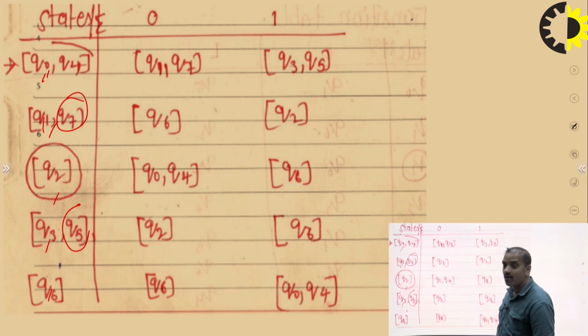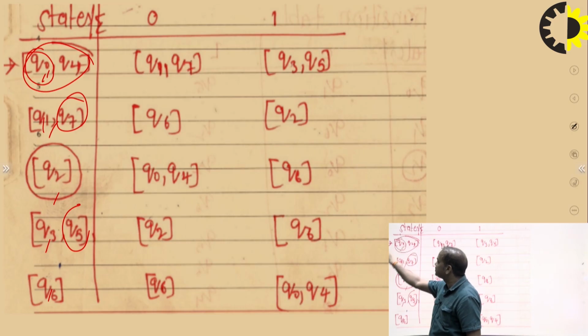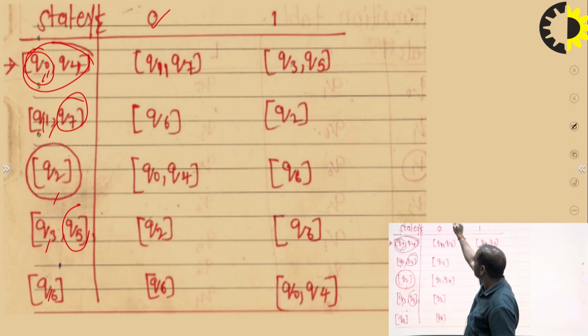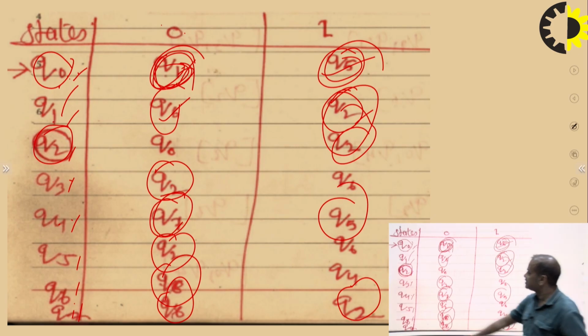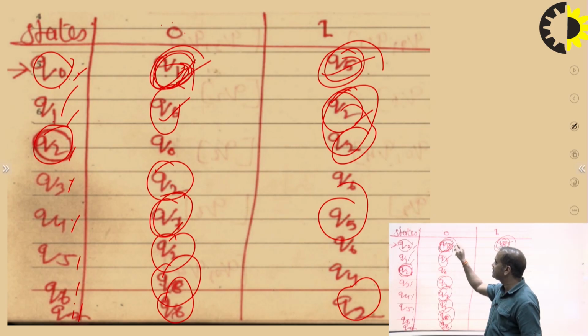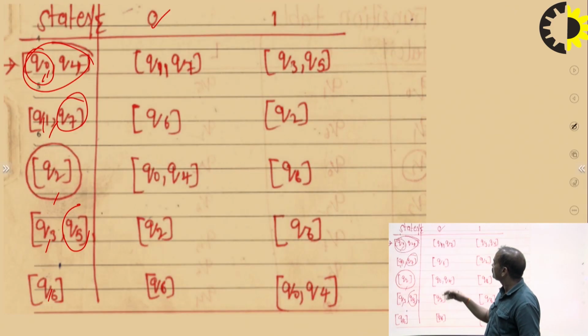Now, we check for input 0 and 1. There is no need to check for both states. We take the first state Q0 and check input 0. Going by the previous states, state Q0, input 0, the next state is Q1. We write state Q1 directly.